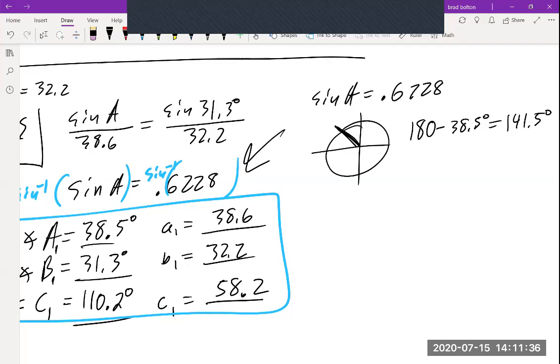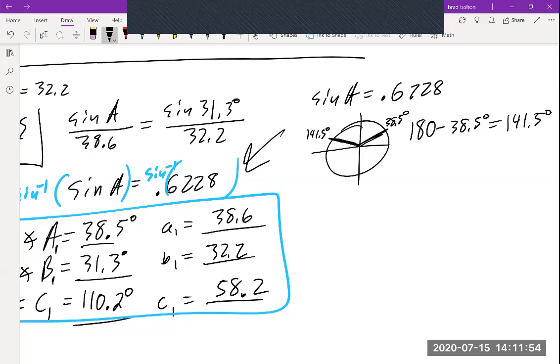Here's angle A, and that's 38.5 degrees, and then here's 141.5, the same sine coordinate. It would have the same sine value. Both of those could be correct answers.